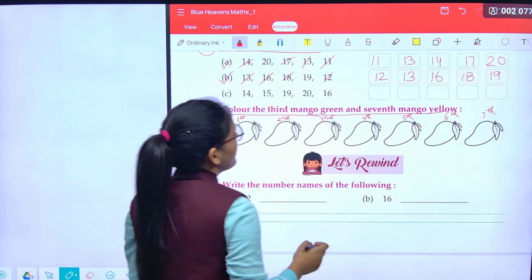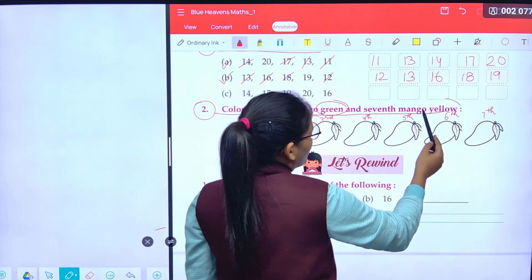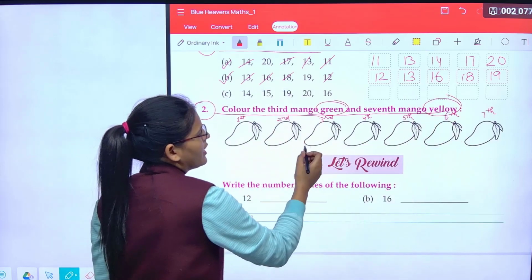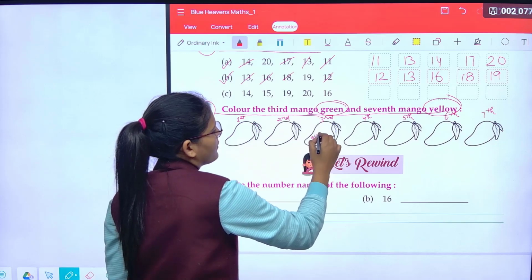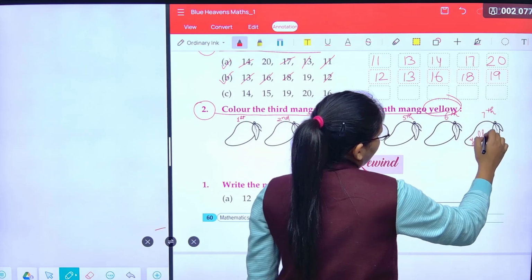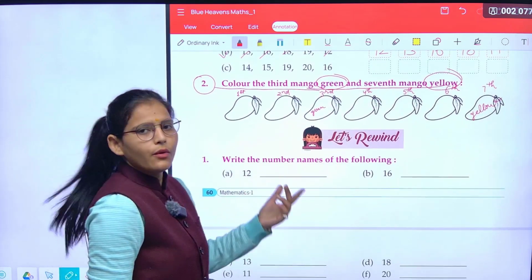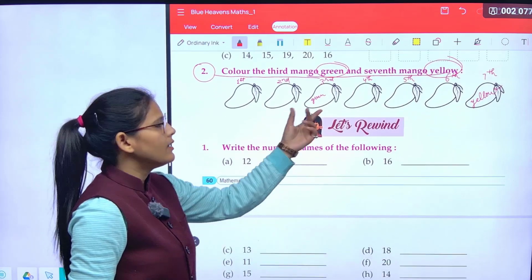Class, थर्ड मैंगो को हमें ग्रीन कलर करना है, सेवेंथ मैंगो को येलो कलर. So class, do it. Here is green color, third is here and seventh in yellow, the seventh one. Okay class, you have to color the mango.